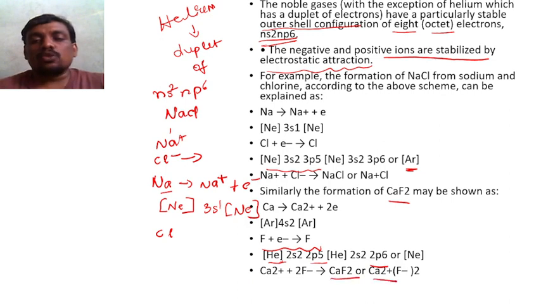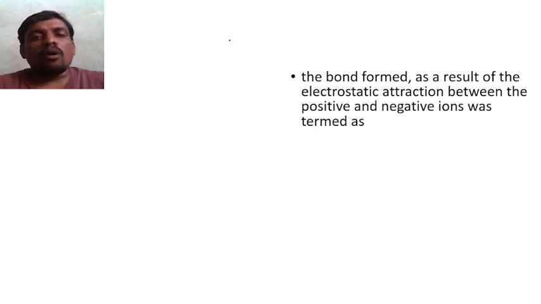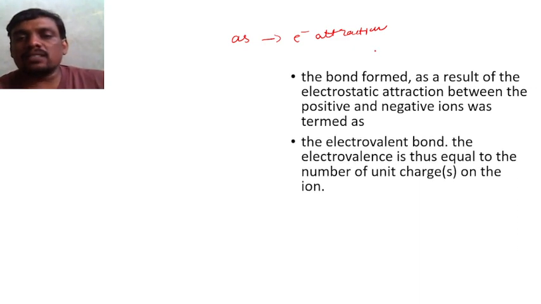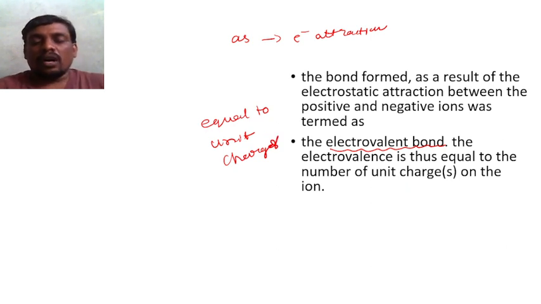Finally, the bond formed as a result of the electrostatic attraction between the positive and negative ions is termed the electrovalent bond. What is that bond called? Electrovalent bond. The electrovalence is equal to the number of unit charges on the ion.